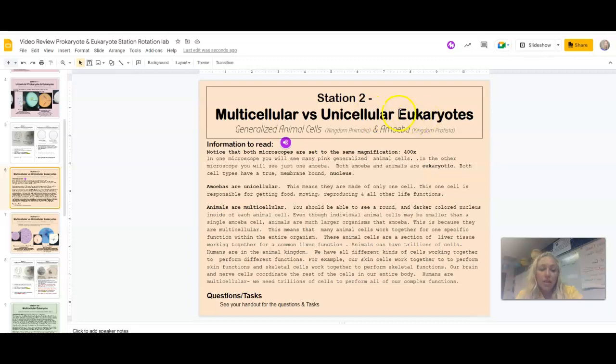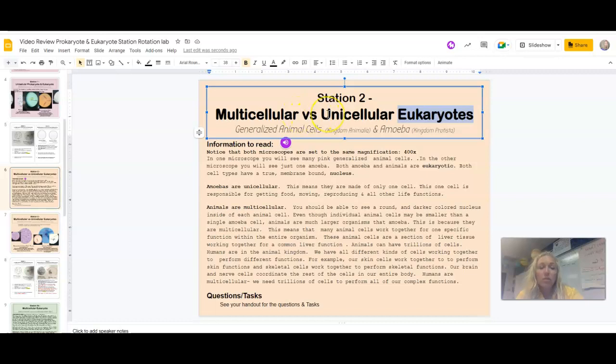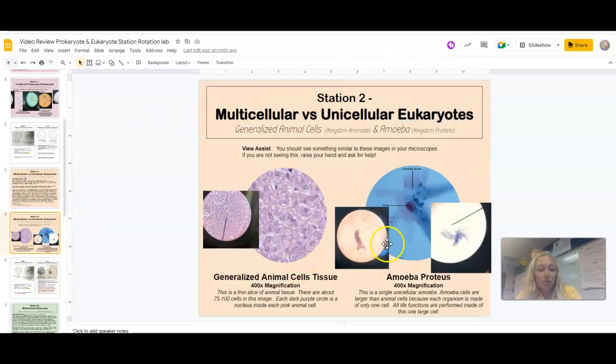This next station had two eukaryotic examples, but one of them was a multicellular eukaryote and the other one was a unicellular eukaryote. This was a different unicellular eukaryote than what we saw in the first station. It was an amoeba. If you've ever heard of the monster like the Blob, it is modeled after an amoeba. Amoebas can actually shift their cytoplasm in their body, so they change shape a lot.